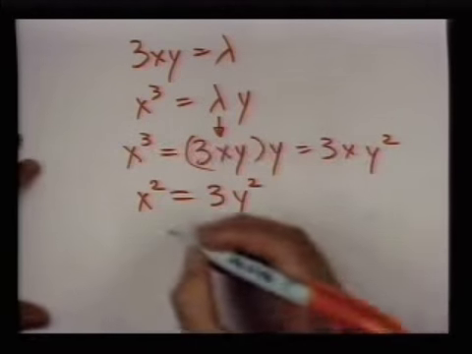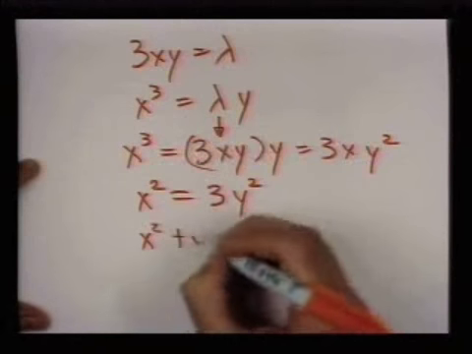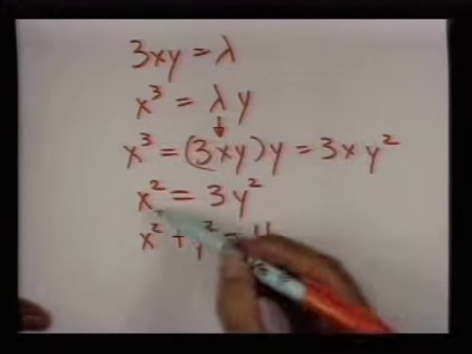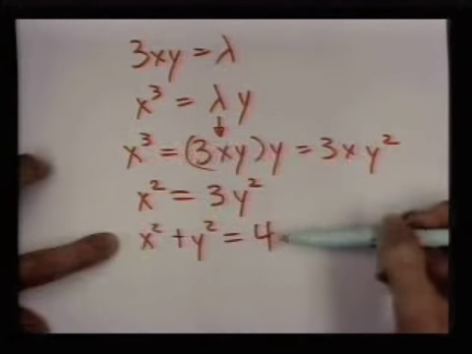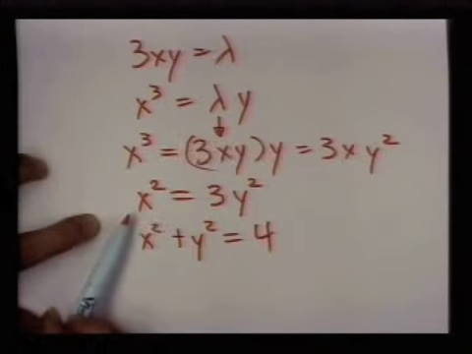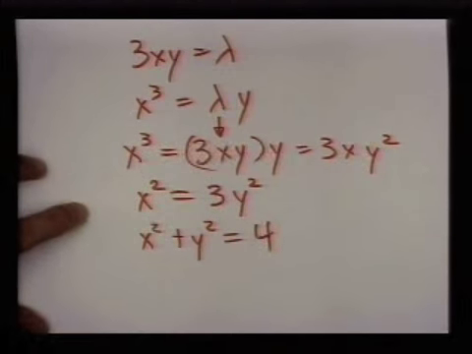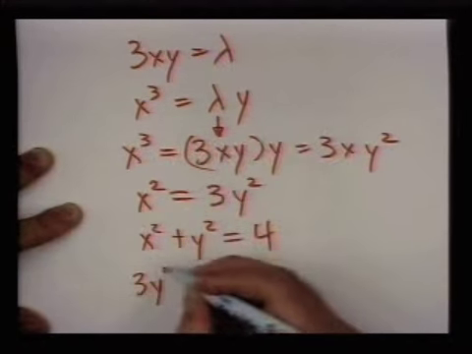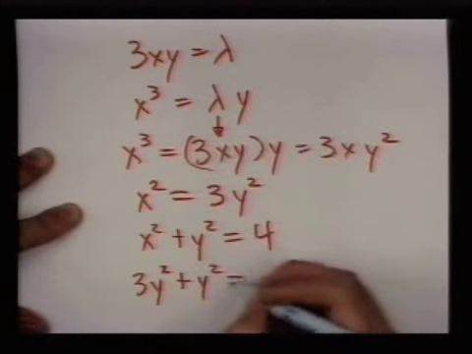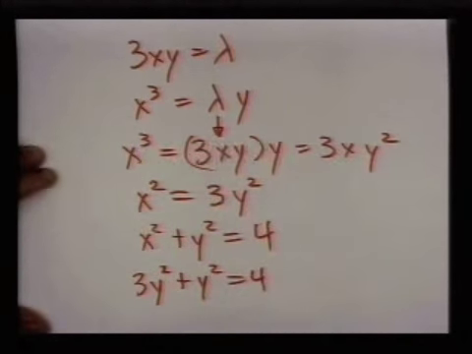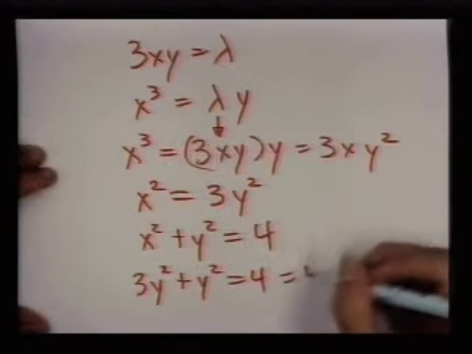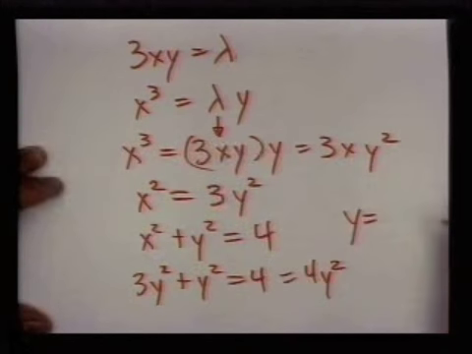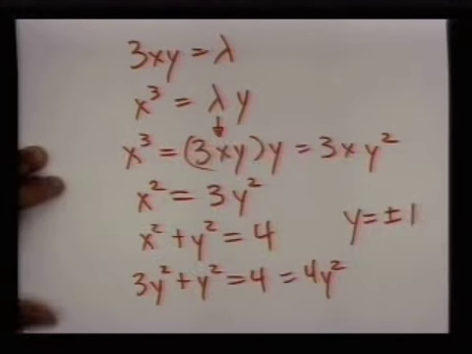Now going back to the original constraint equation, I have this, and now it's nicely written here. We looked out that I can replace x squared with 3y squared. So really I have 4y squared equals 4. If you solve this, you get that y has to be either 1 or negative 1.